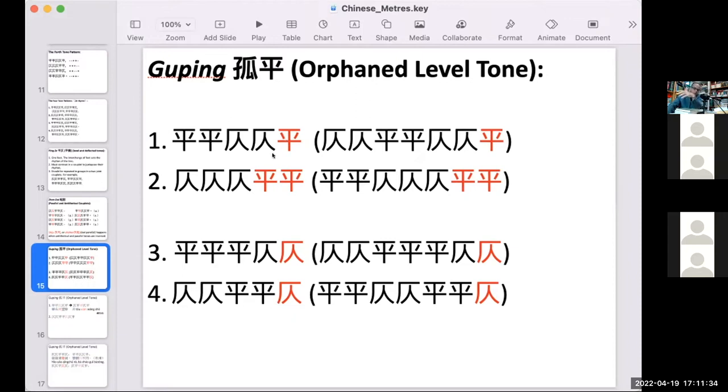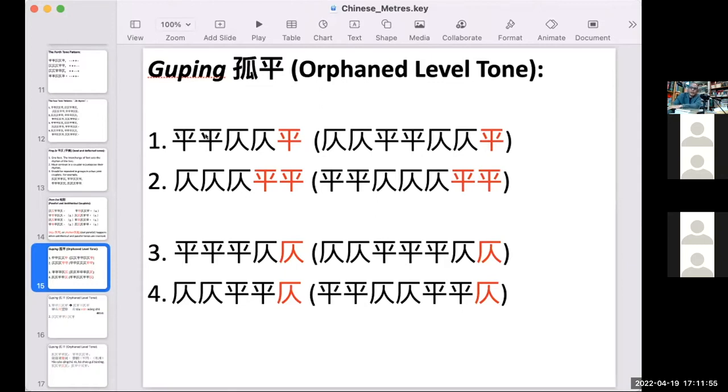When it is a ping rhymed poem, then we may run the risk of having this gu ping, meaning what? Let me give you an example here. Let's say the poet will change the first character here, this ping, into ze.